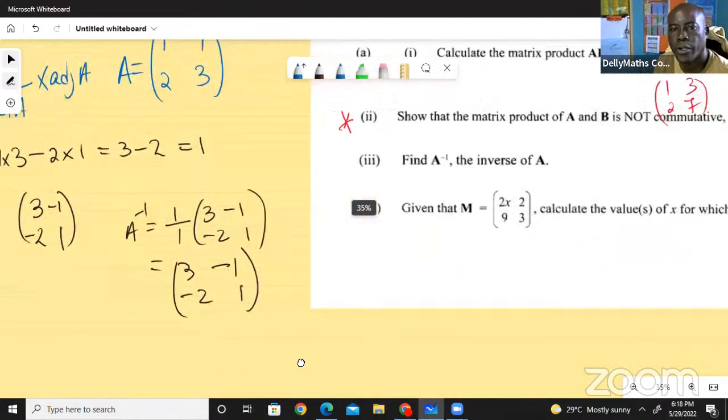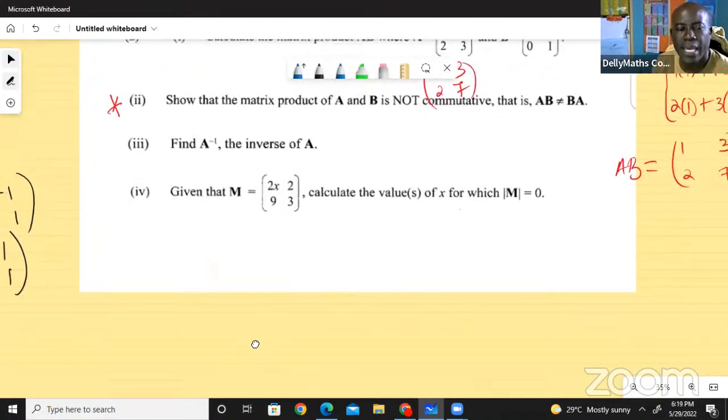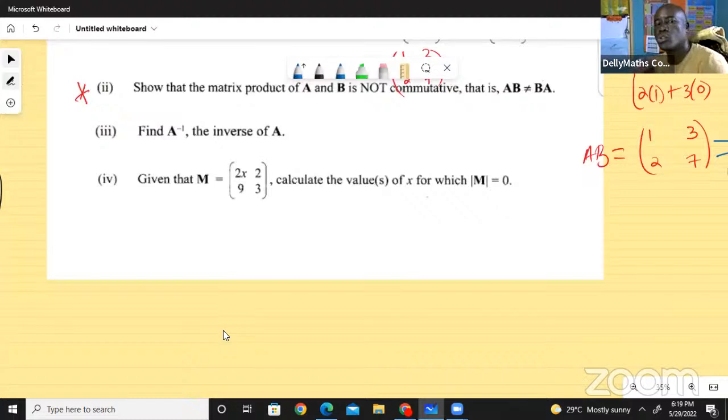All right, going good. Last question says, given that m is equal to 2x 9, 2 3, calculate the values of x for which the determinant of m is 0. So this is what we have been doing.